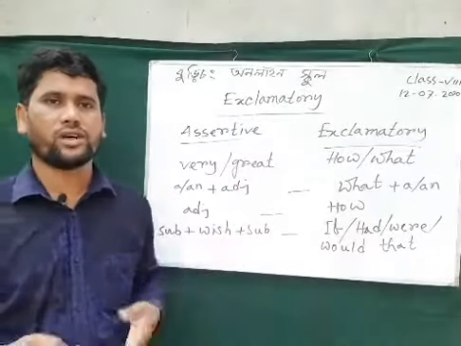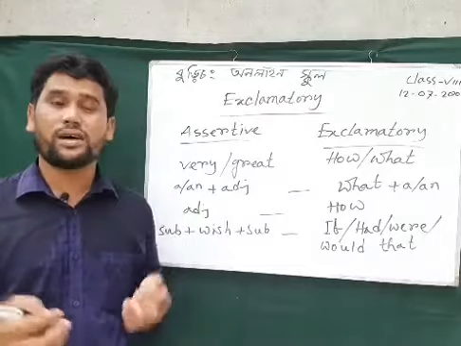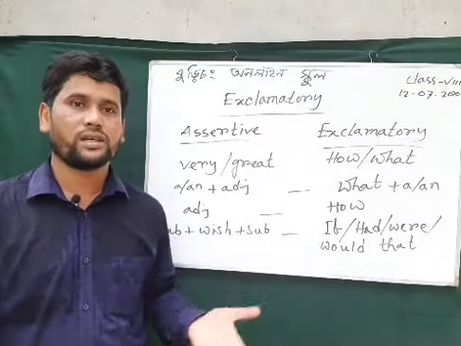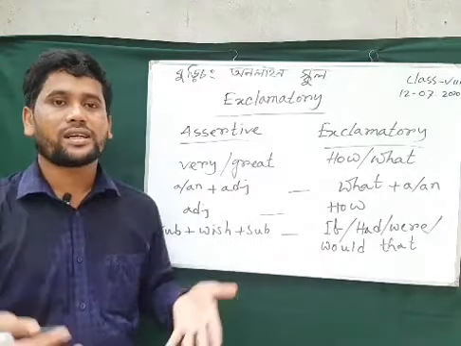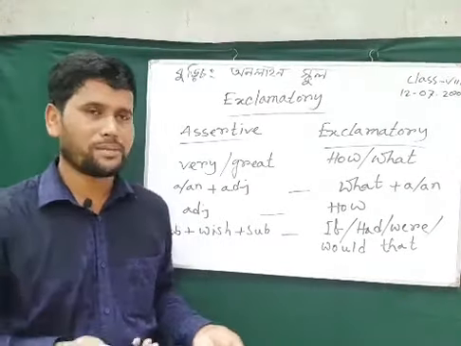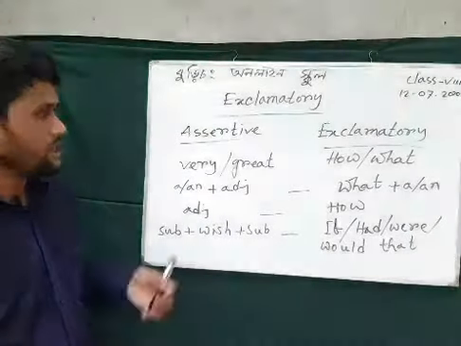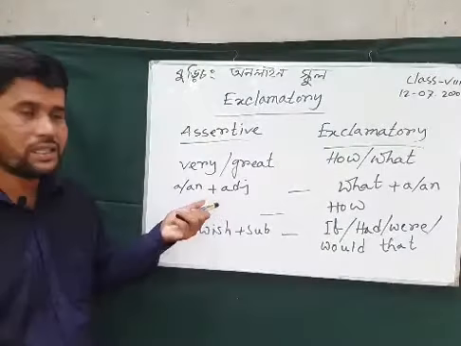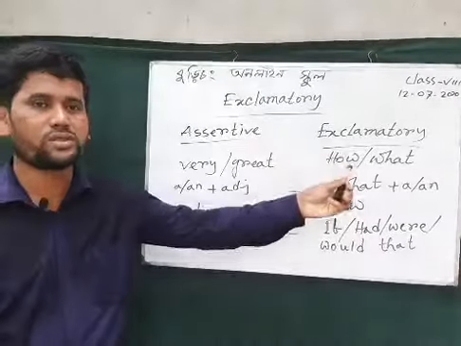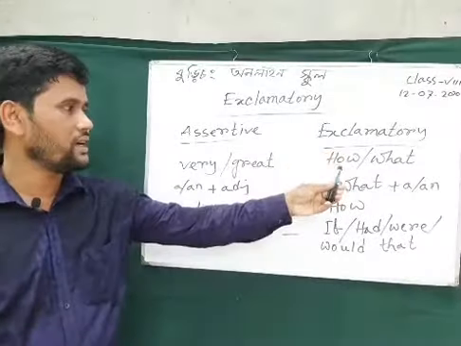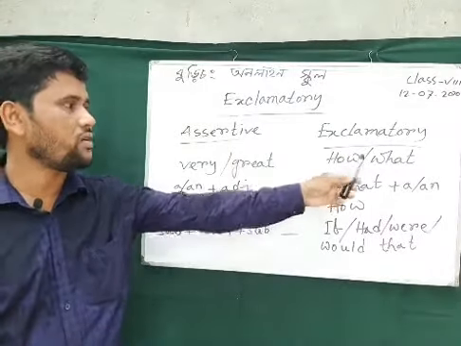And also when we find some exclamation word, hurrah, then we can use it is a matter of joy that; alas, it is a matter of sorrow that, something like that. So my dear student, follow this. When you find very or great in an assertive sentence, you can use how or what at the very beginning of the exclamatory sentence.